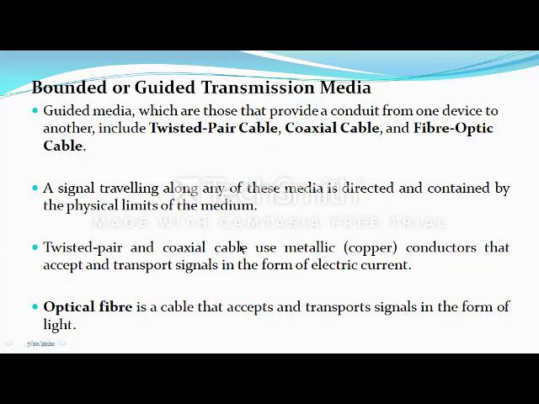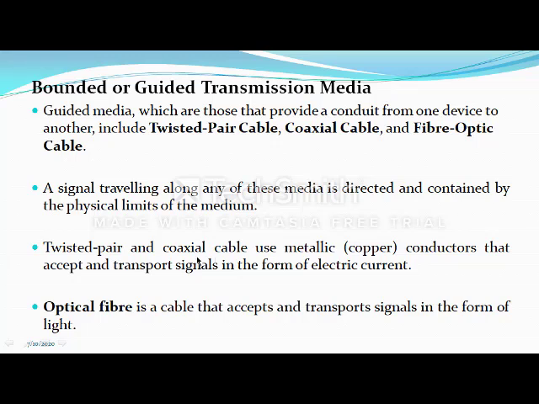These are the bounded media. A signal traveling along any of these media is directed and contained by the physical limits of the medium, so some limits will be applied.